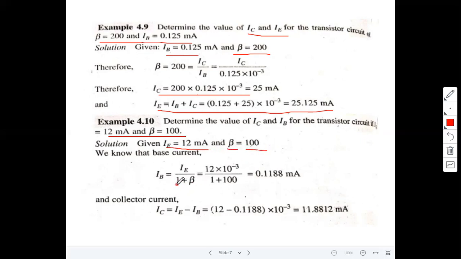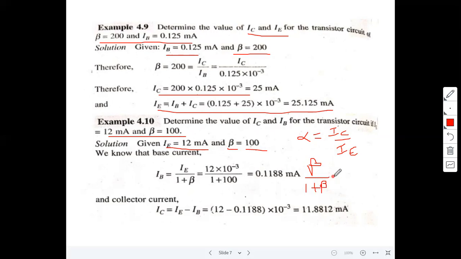Now here we have to express alpha. Alpha is equal to IC by IE. Here we require some conversion, IC by IE. Then express alpha in terms of beta: alpha is equal to beta by 1 plus beta.